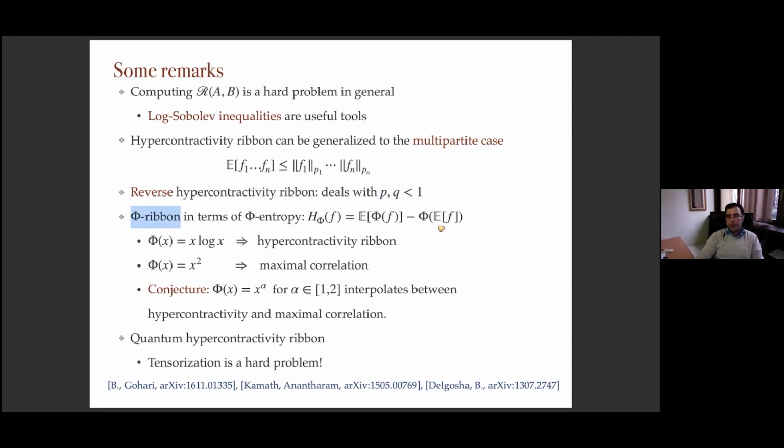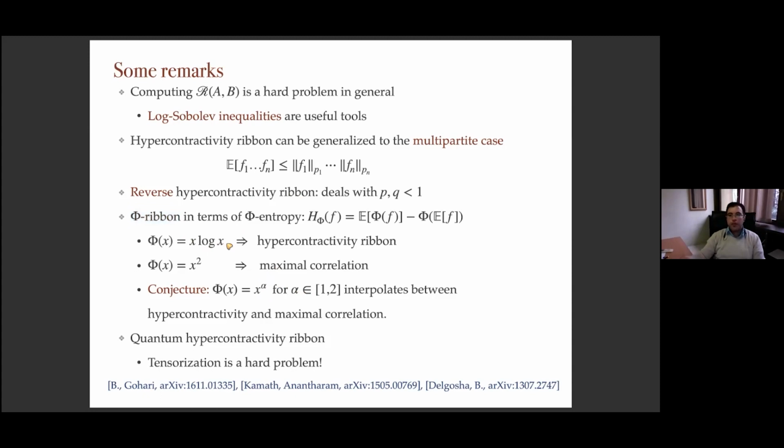The first property, which you can guess from this expression here, is that it should be convex, but it should satisfy something more. In fact, if you take phi to be x to the alpha, where alpha is between 1 and 2, you get a phi ribbon for any of these functions. And if you normalize it correctly and then take the limit of alpha going to 1, you get this x log x function.